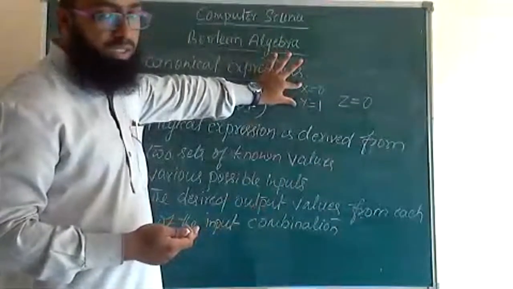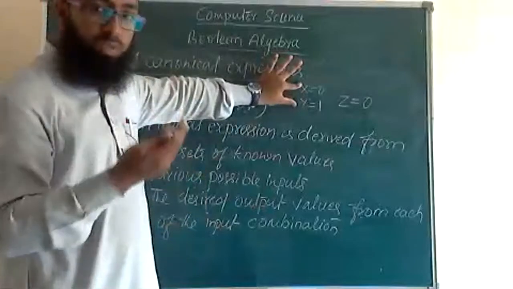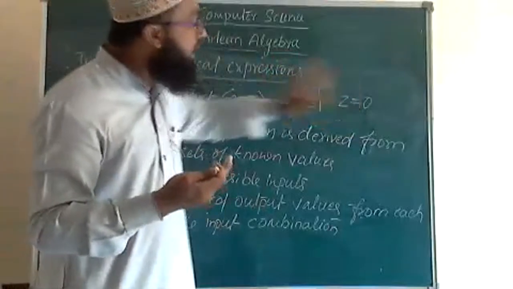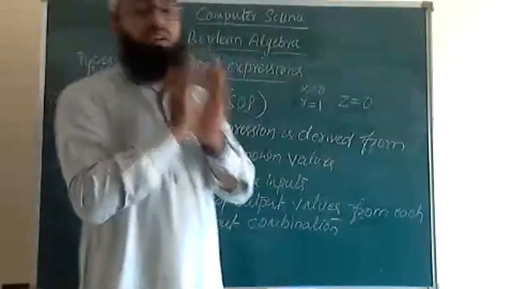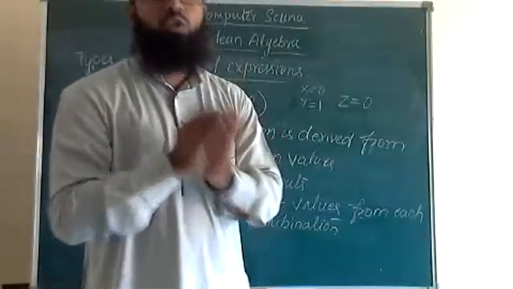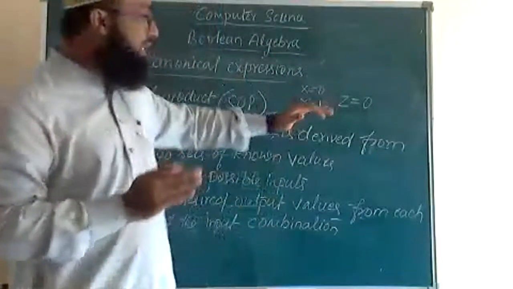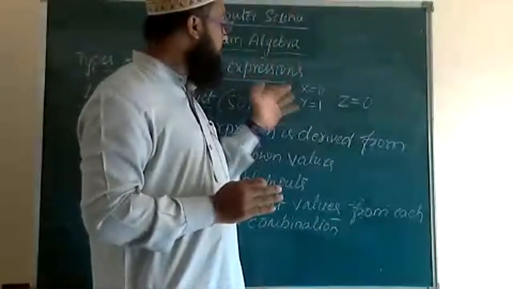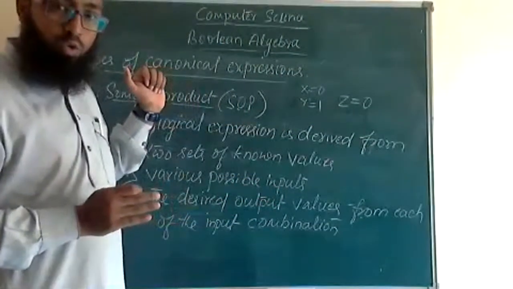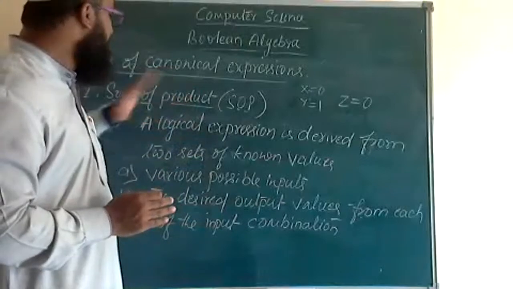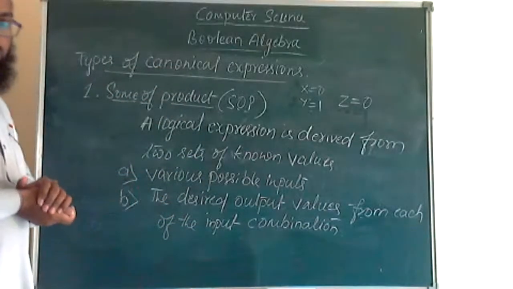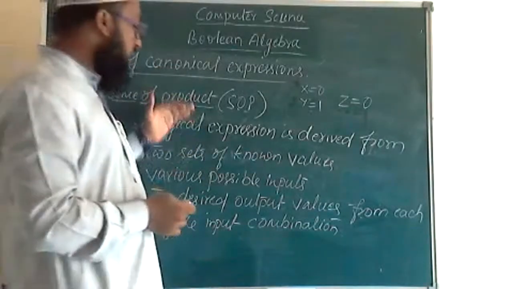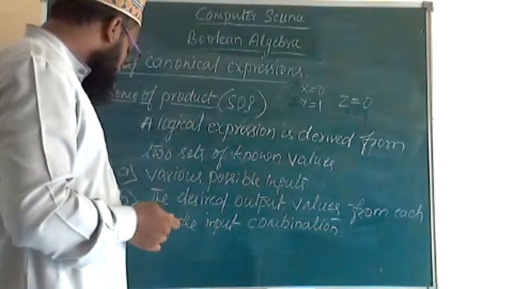This is one combination; like that several combinations may be there. The desired value is what the output has to be. If we get the same output from each of the input combinations, that is called sum of product. Hope you have understood these things.